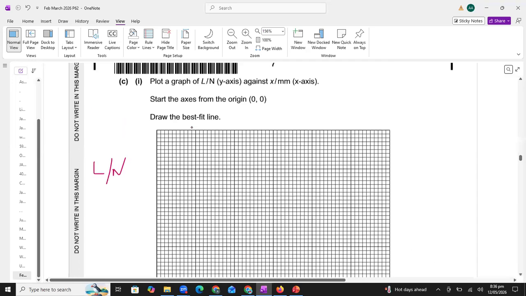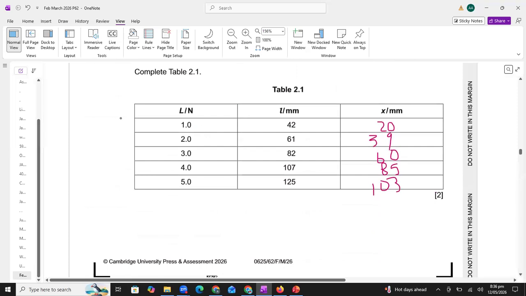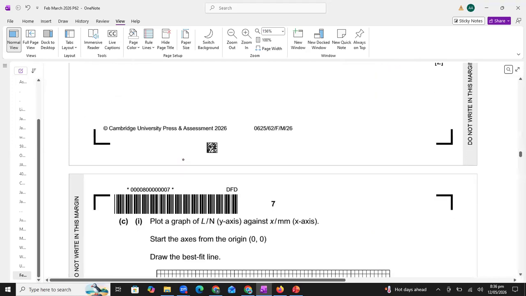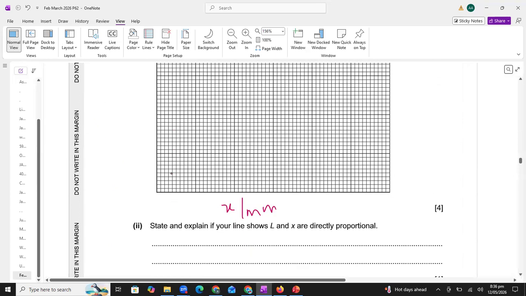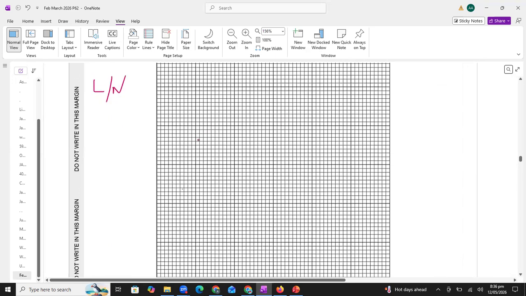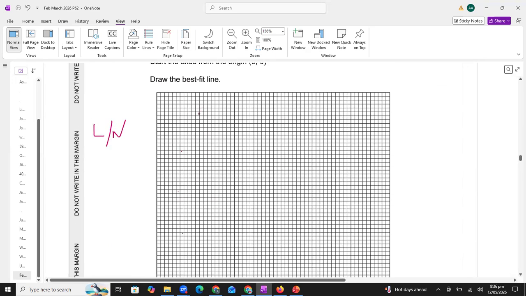All right. So now we can see here that the load is given from 1 Newton to 5 Newton. Okay, students? Load is given from 1 Newton to 5 Newton and we have to take the load on y-axis. So you can see how many boxes are there. One big box, 2, 3, 4, 5, and 6.